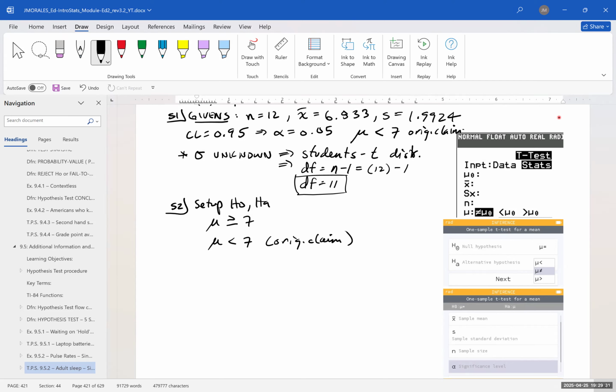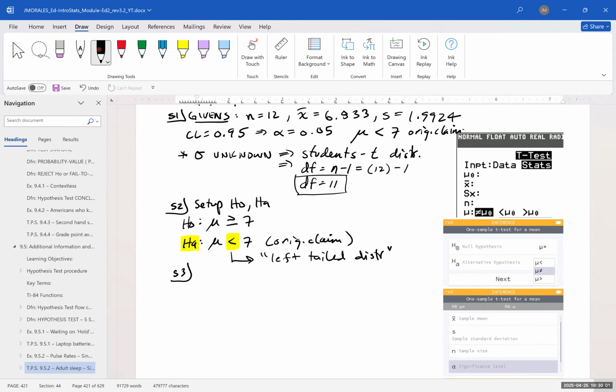Because this other one has equal to, that'll be our null hypothesis, and our original claim is our alternate hypothesis. The sign of the alternate hypothesis tells us the direction. Because it looks like an arrow pointing to the left, this is going to be a left-tailed distribution that we're dealing with.